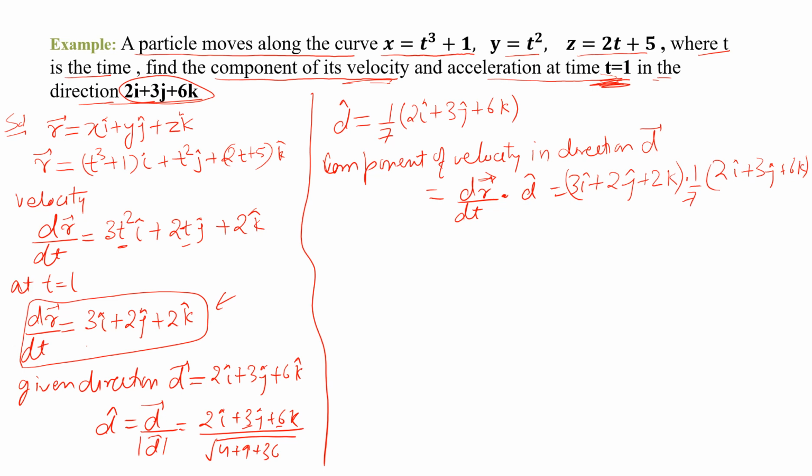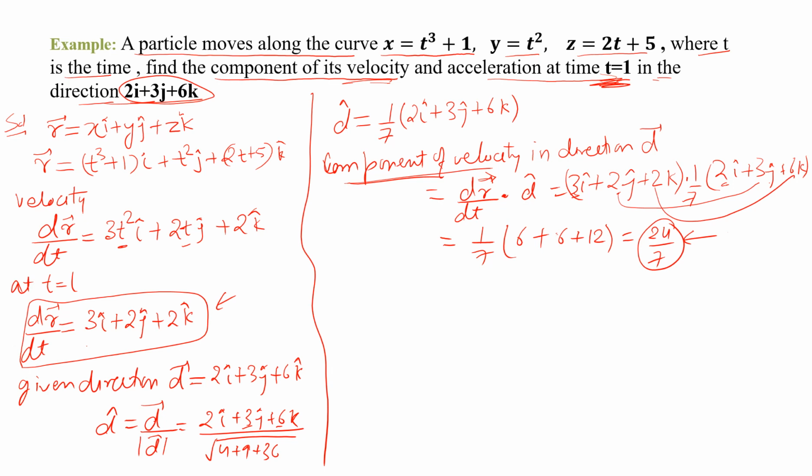Now we take the dot product: 3 into 2 we get 6, 2 into 3 we get 6, and 2 into 6 we get 12. So we get 24 by 7. That is the component of velocity.